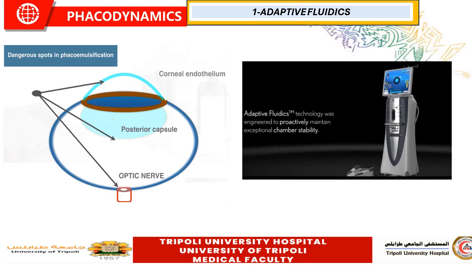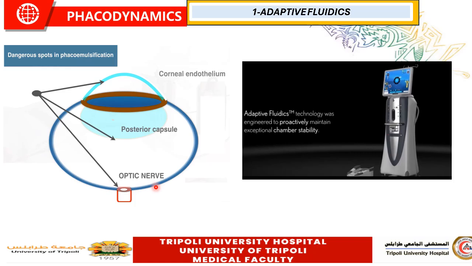However, the disadvantage of a high-pressure operation is, as you know, that when the pressure is high during the whole operation, there is a risk for the corneal endothelium and Descemet's membrane folds post-operatively. Also, this will exert stress on the zonule and cause hydration of the vitreous, and of course a risk of posterior capsule rupture, and also ischemia and damage to the optic nerve as the intraoperative pressure is high.